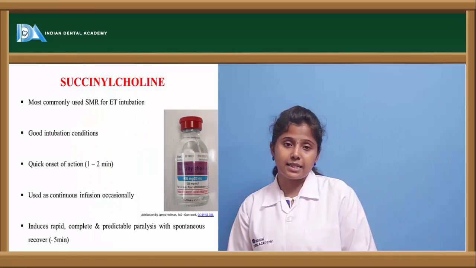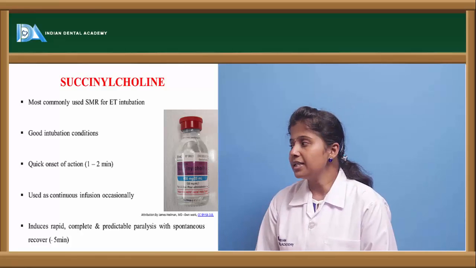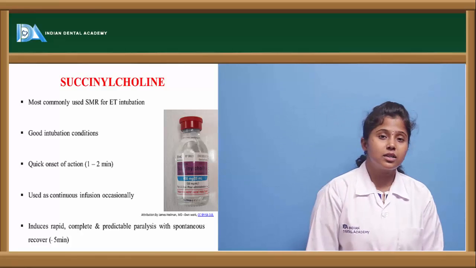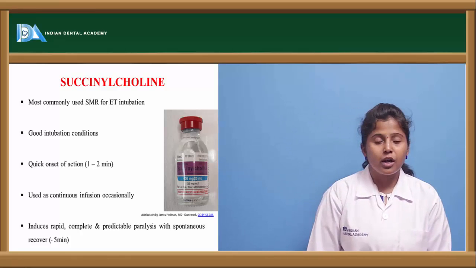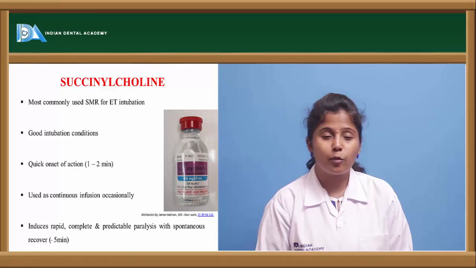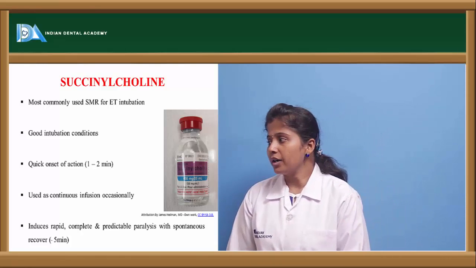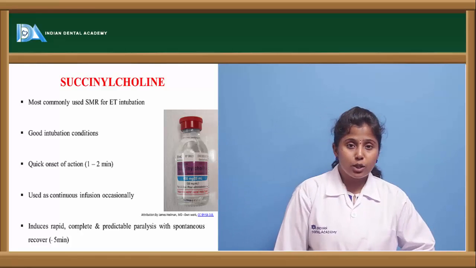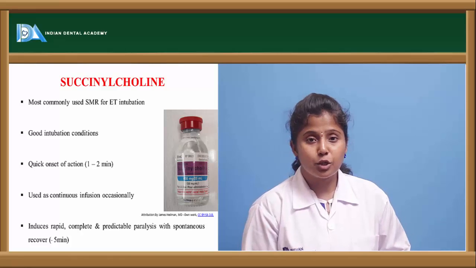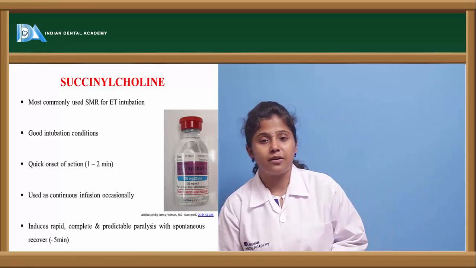The other drug is succinylcholine, which is also called suxamethonium, and this is the most used skeletal muscle relaxant for ET intubation. For ET intubation, this is the most widely useful drug, it has good intubation conditions, and it has a quick onset of action. Once it's administered, it shows its action within 1 to 2 minutes, and it is used as a continuous infusion.